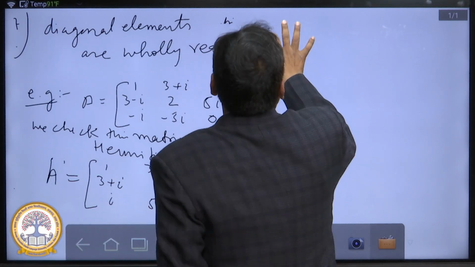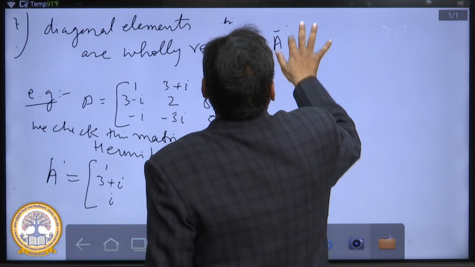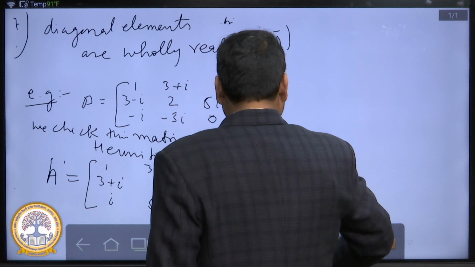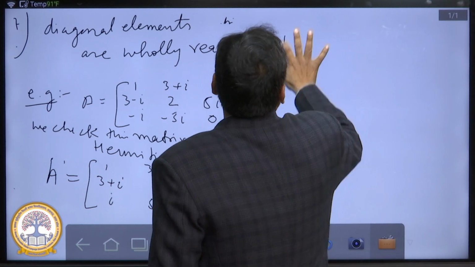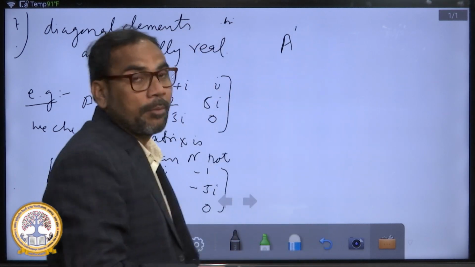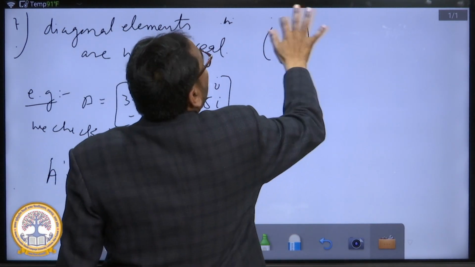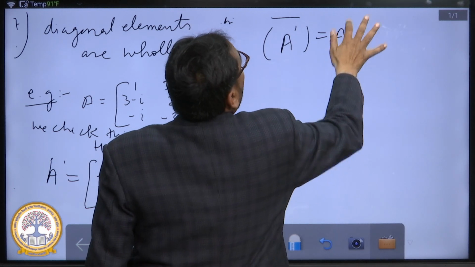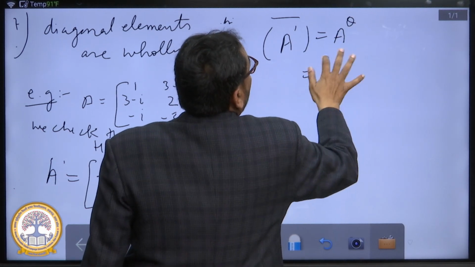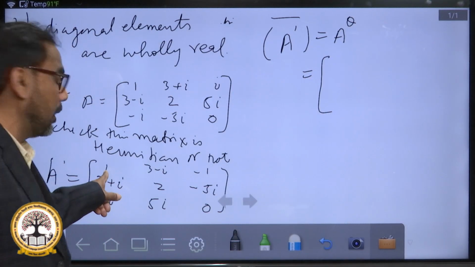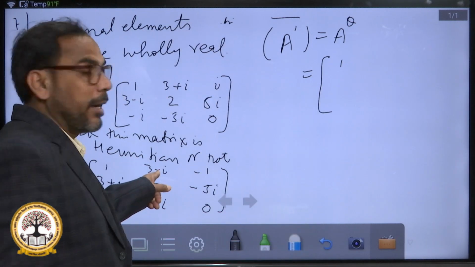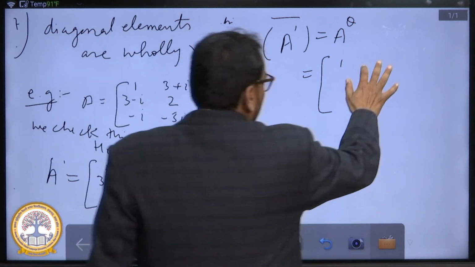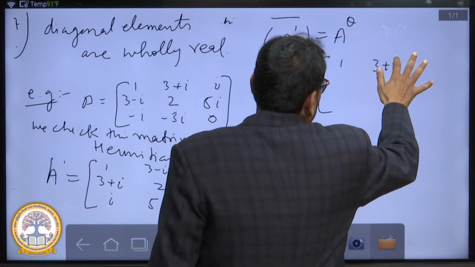Now A dash bar is A to the power theta. Conjugate of 1 is 1. Conjugate of 3 minus i is 3 plus i.